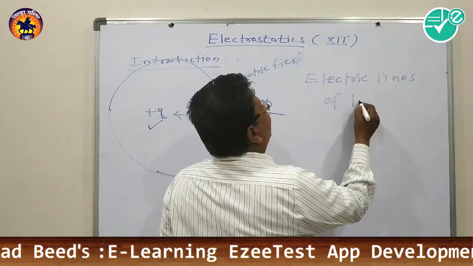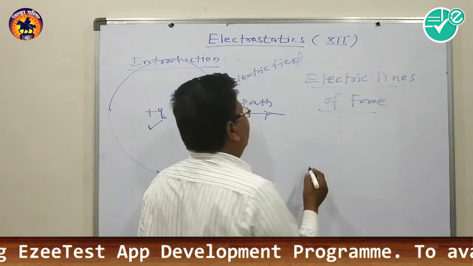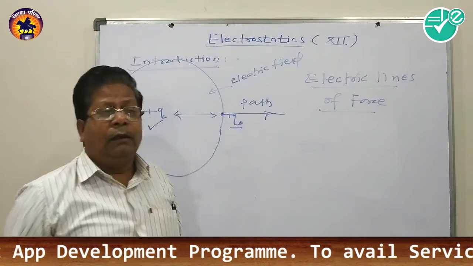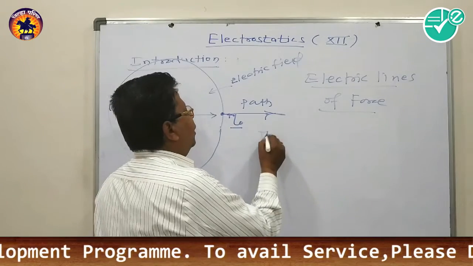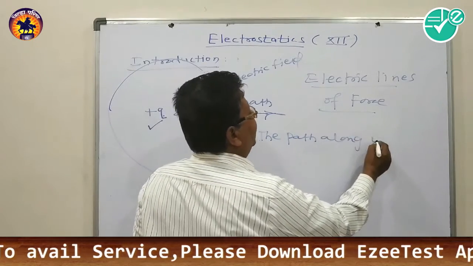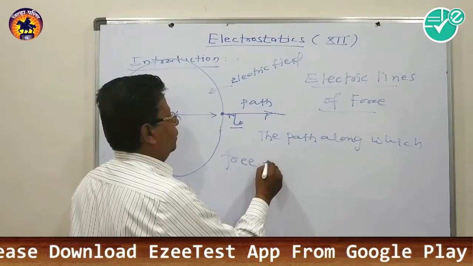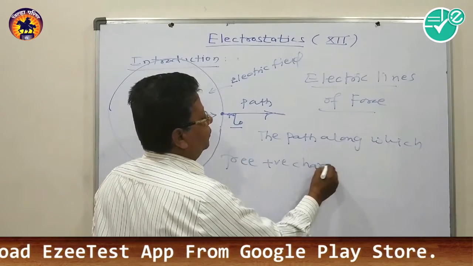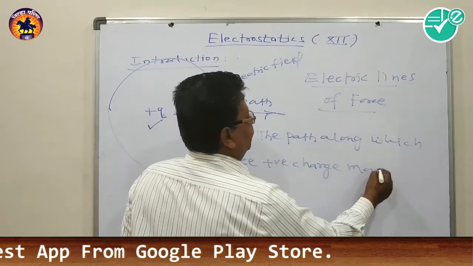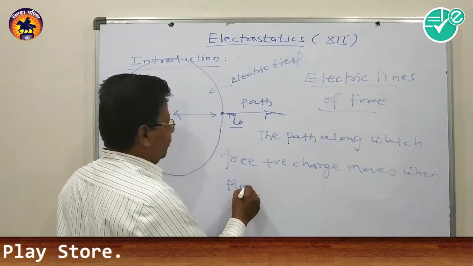So electric lines of force is nothing but the path along which a free positive charge moves when placed in an electric field.